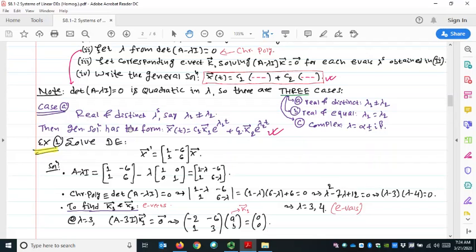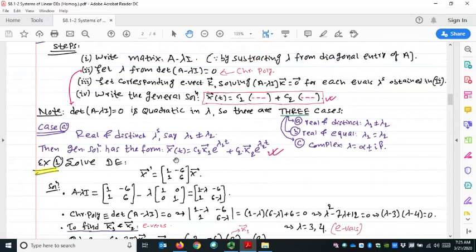Suppose we have real and distinct eigenvalues, say lambda 1 not equal to lambda 2, but both lambda 1 and lambda 2 are real. Then the general solution is of the form vector x(t) equals c1 vector k1 e to the lambda 1 t plus c2 vector k2 e to the lambda 2 t. Here vector k1 is a corresponding eigenvector to lambda 1, and k2 is a corresponding eigenvector to lambda 2.